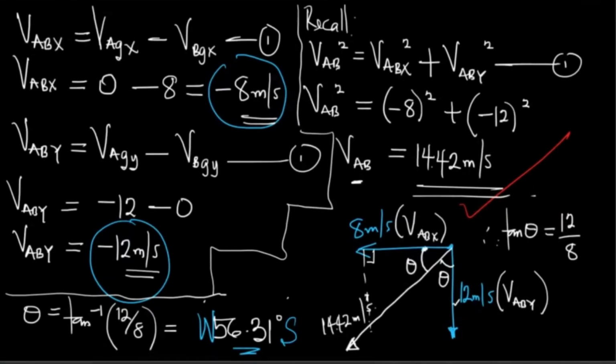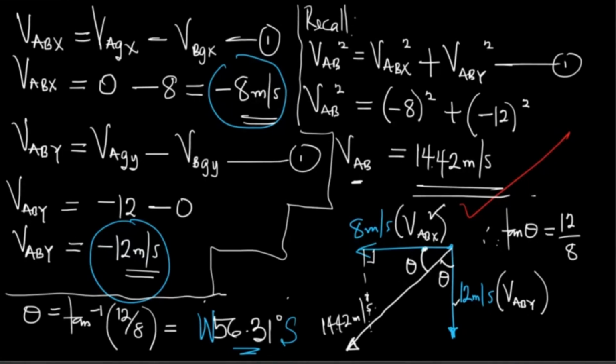When it changed from east to west. Object B is moving due east. Now remember, these are actual velocities. This is velocity of A relative to B on x-axis.